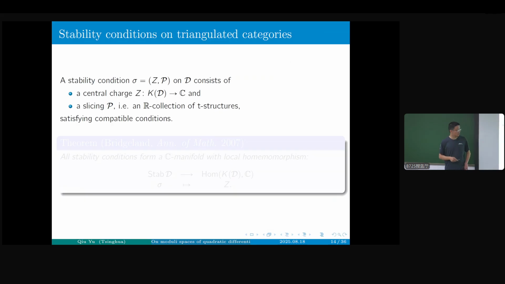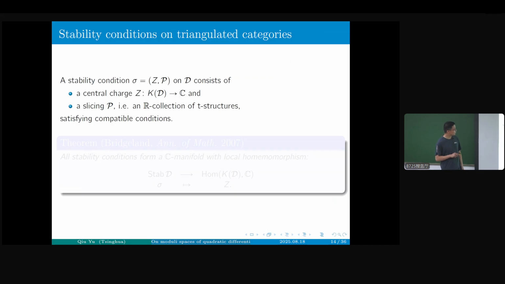For example, in algebraic geometry, as in Professor Sun's talk, you will take just one t-structure with the canonical heart being the coherent sheaves on a variety, which corresponds to the canonical t-structure in the bounded derived category of coherent sheaves. And the central charge you are taking is the degree of an object plus the rank times the imaginary number i.